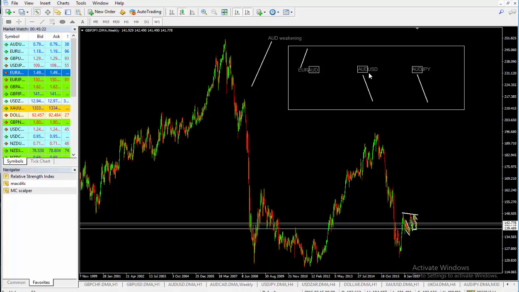See where GBP is actually going. Then you will know what pound is doing across board, whether it is strengthening or weakening, and you will know how to place your trades.